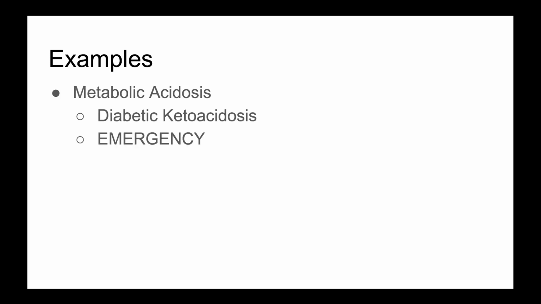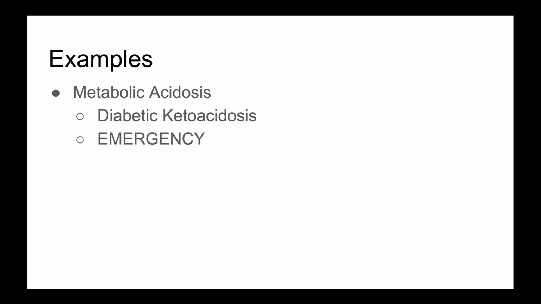On the other end, metabolic acidosis, the prime culprit is diabetic ketoacidosis. These patients tend to come in with a very, very low pH, usually below 7, sometimes a little bit above, a little bit below, but especially the ones that are below 7 are in some danger. They tend to have a very, very low bicarb.